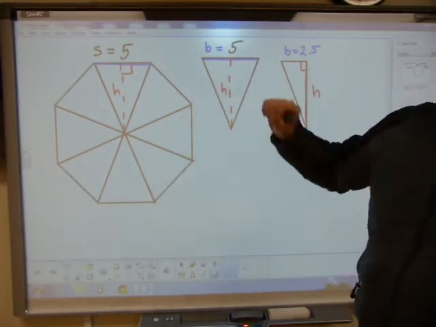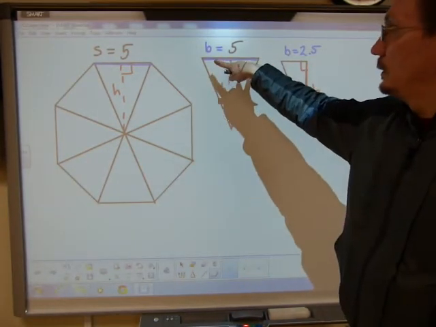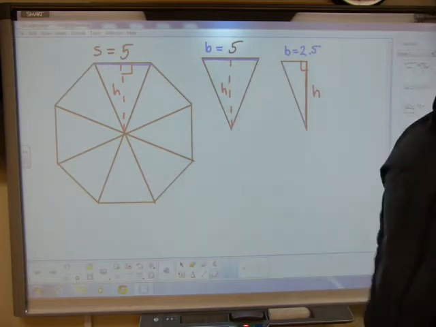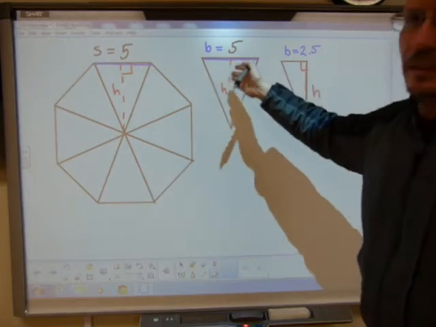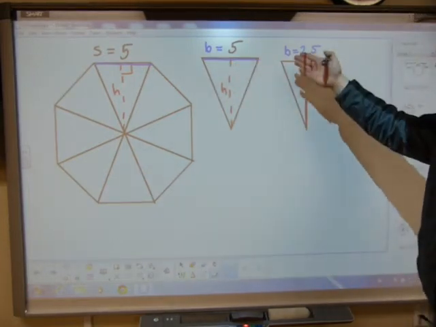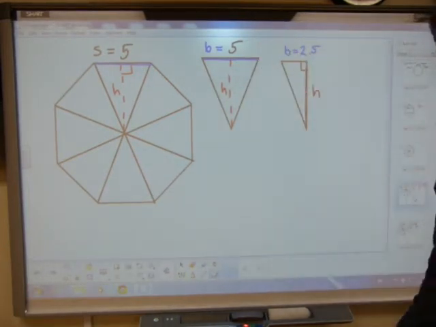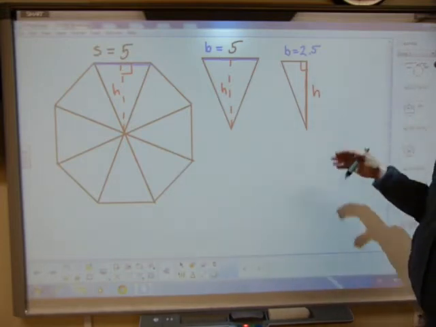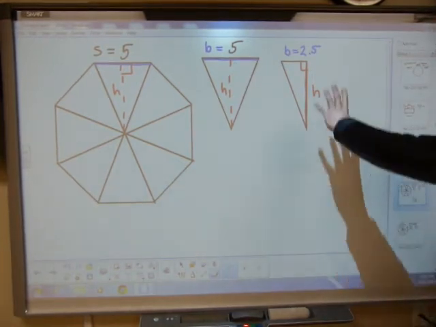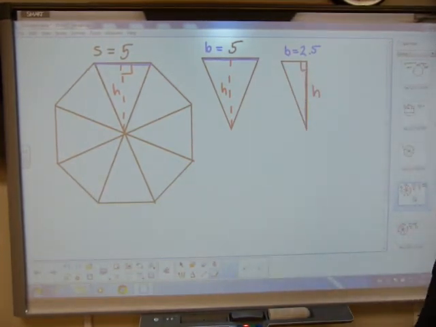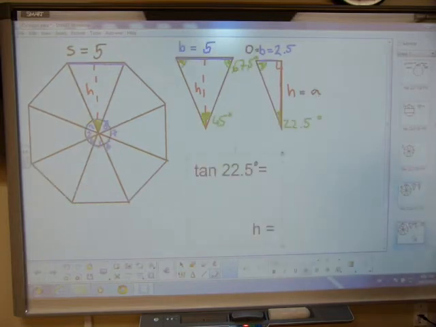Please notice that what used to be 5 for the base, the new base on the smaller triangle, which is half of the original triangle, is now half of the original side length. Instead of 5, now we have 2.5. Same height throughout. This is what we can calculate with trigonometric functions.